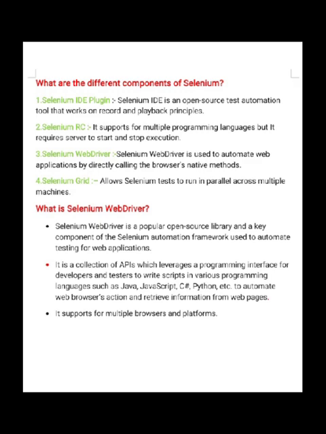Then we can also run a test script on multiple browsers. After that we have Selenium Grid. Selenium Grid basically allows us to execute scripts parallelly over different machines. So that we are going to learn afterwards. Now I hope this concept is understood.